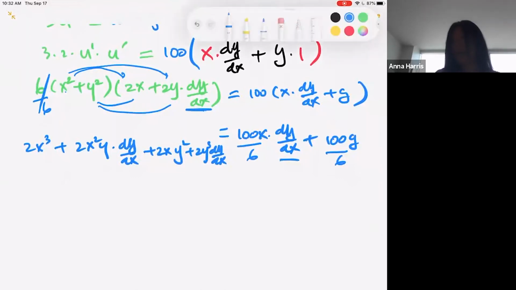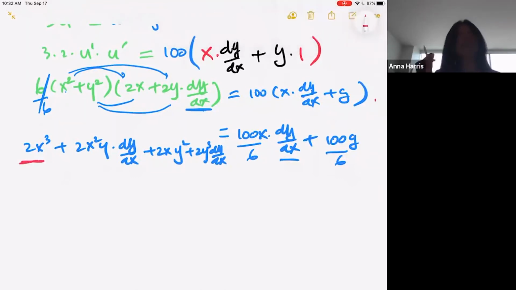So now I'm gonna move any term that does not have a dy dx to the right. So it looks like to me, this is the only term that does not have dy dx. So I move that to the other side. Okay, and now look at the right hand side.